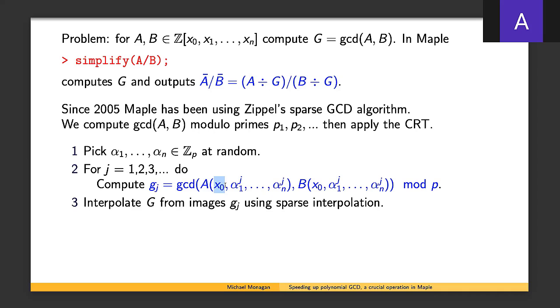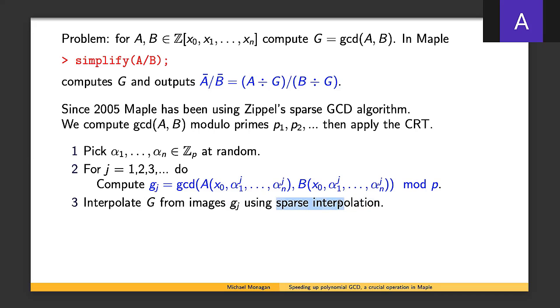Then we compute the GCD of those 2 polynomials using the ordinary Euclidean algorithm. Then the job is to interpolate our GCD, the multivariate polynomial, from these images using sparse polynomial interpolation.